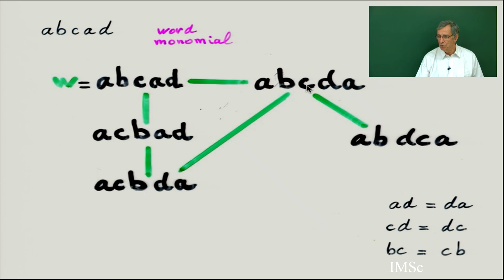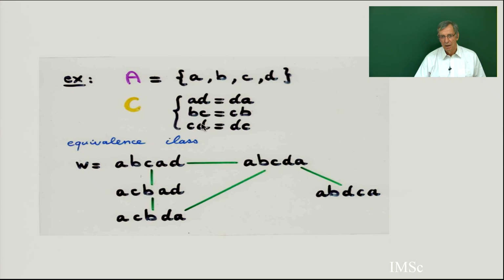Now, if you try to do other commutations, it's finished. I have done all possible commutations in this word, and I get a class of words. I get an equivalence class of words, equivalence for the congruence generated by this commutation relation.